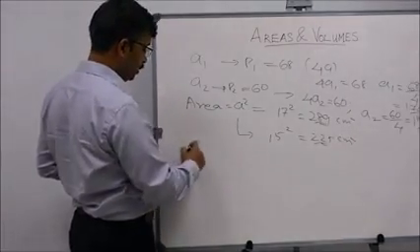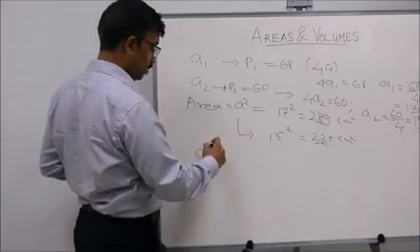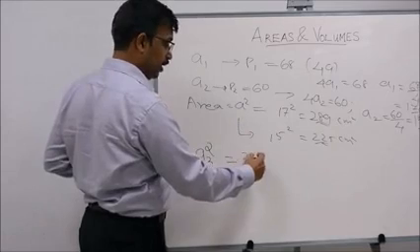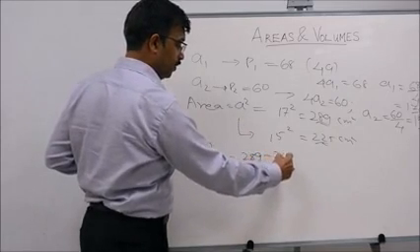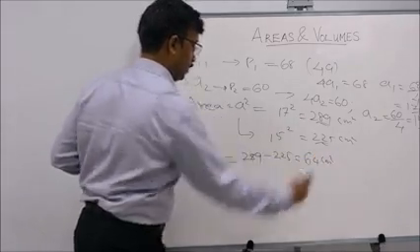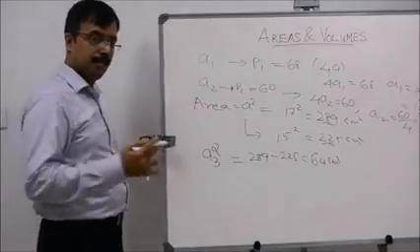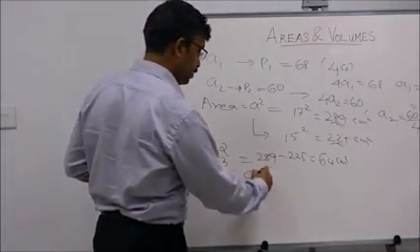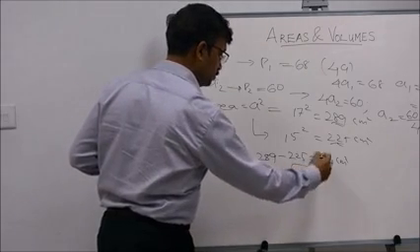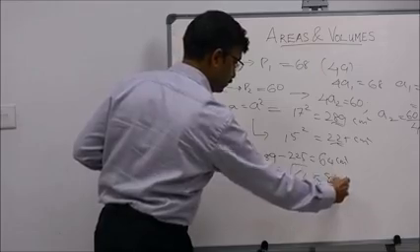So the third one, a3 squared, is equal to the difference in area, that is 289 minus 225, which is 64 square centimeters, which means the side of the third square, a3, is the square root of 64, which is 8 centimeters.